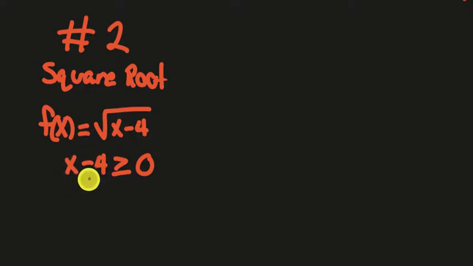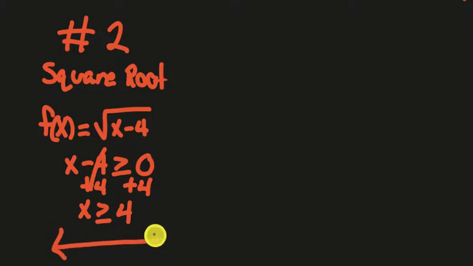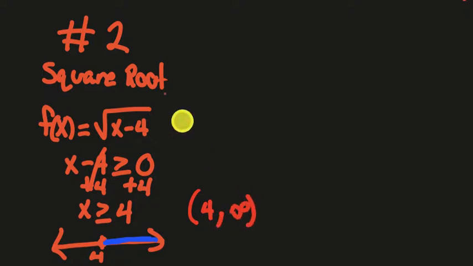If we add 4 on each side, we're going to get that x is greater than or equal to positive 4. On a number line, this would be a solid dot at 4. And since x is greater than 4, we would shade to the right. In interval notation, this will go from 4 to positive infinity.